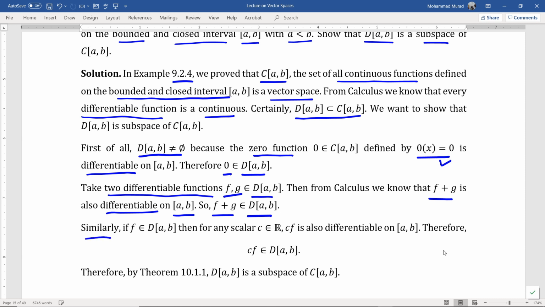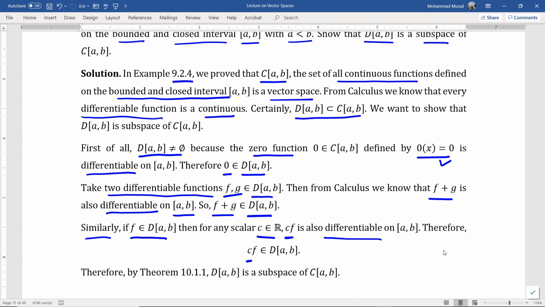Similarly, if f is a differentiable function over the interval a to b, then for any scalar c, the function c times f, the constant multiple of the function f, is also differentiable over the domain, the bounded and closed interval a to b.